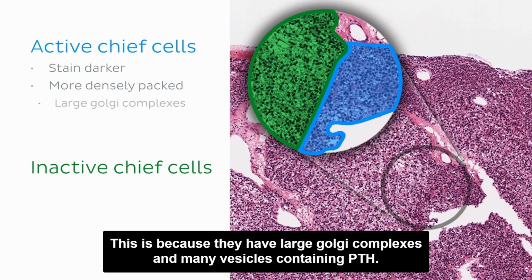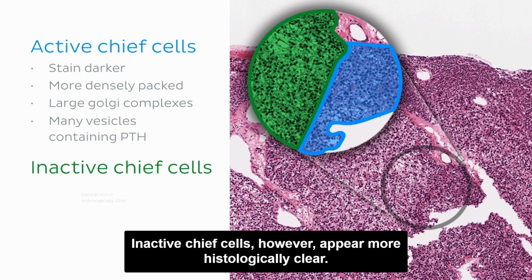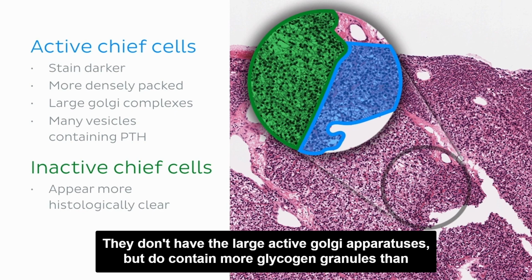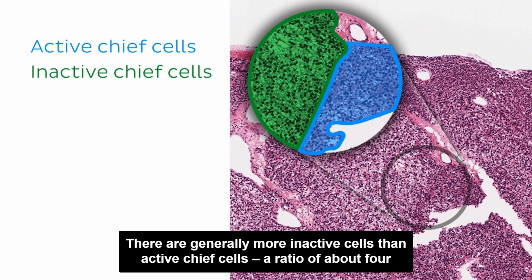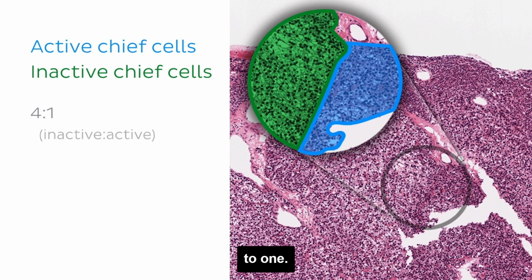This is because they have large Golgi complexes and many vesicles containing PTH. Inactive chief cells, however, appear more histologically clear. They don't have the large active Golgi apparatuses, but do contain more glycogen granules than the active cells. There are generally more inactive cells than active chief cells, a ratio of about 4 to 1.